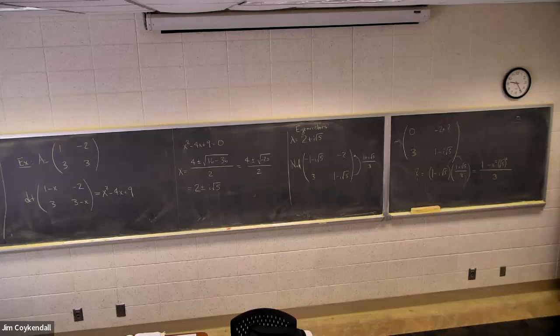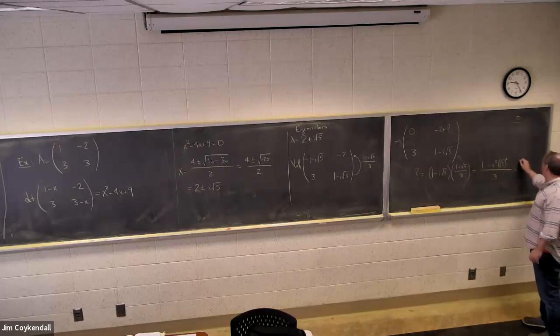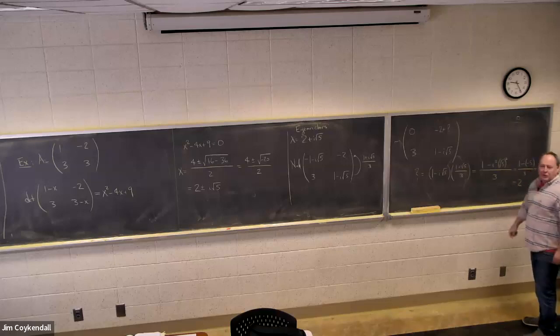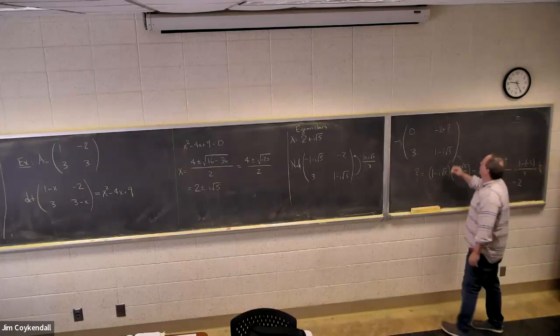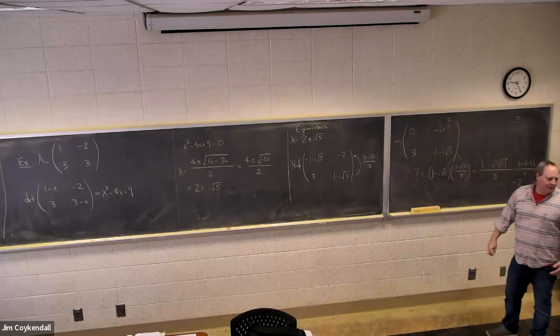Everybody agree with that? And what does this thing right here turn out to be? This is 1 minus 5 over 3. So this is minus 2 plus 2, and I have a row of zeros.